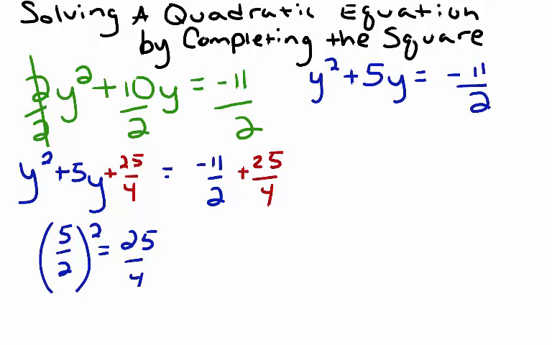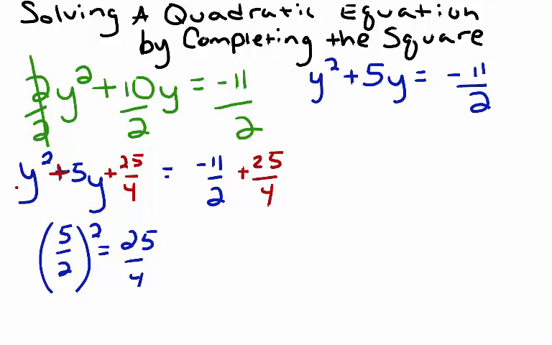Now, one of the nice things about completing the square is once we have our trinomial on the left, because it's a perfect square trinomial, it's relatively easy to factor. In perfect square trinomials, you can take the square root of your first term, then we use this sign, and the square root of our last term.